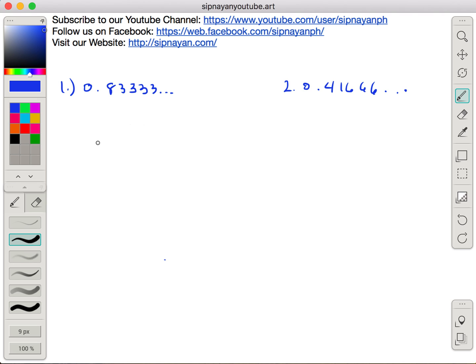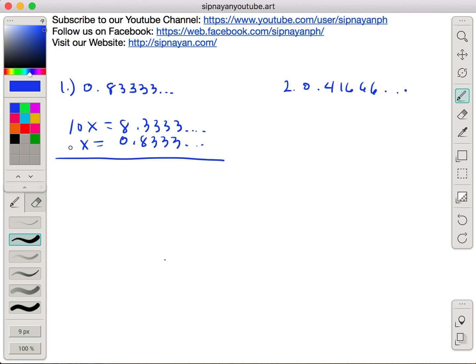Yung multiply by 10 and then we subtract. So, we let x be equal to 0.8333 and so on. Now, remember, the goal is to eliminate yung mga repeating decimals. If you multiply by 10, we have 10x is equal to 8.33333 and so on.